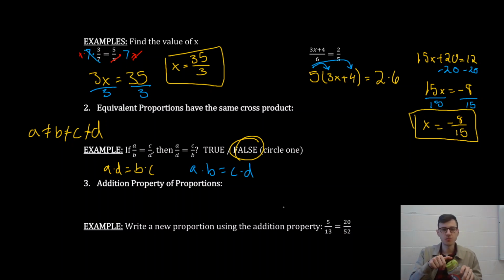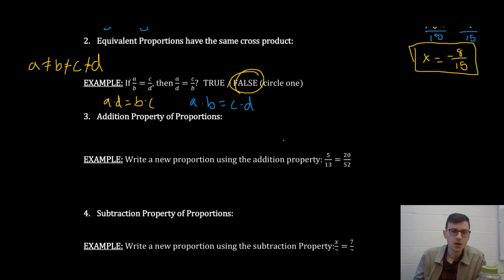All right, let's look at the addition property of proportions. We've got two properties left. The addition property of proportions, well, if we start with this, A over B equals C over D, is equivalent to adding 1 to both sides.